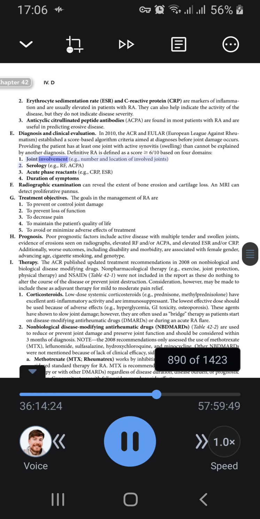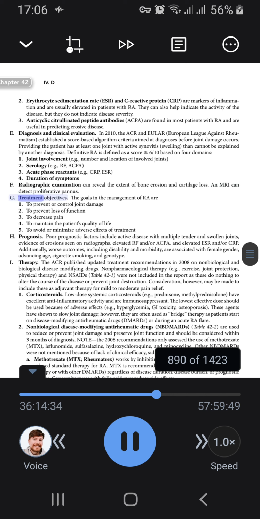Joint involvement, for example, number and location of involved joints. 2. Serology, for example, RF, ACPA. 3. Acute phase reactants, for example, CRP, ESR. 4. Duration of symptoms. F. Radiographic examination can reveal the extent of bone erosion and cartilage loss. An MRI can detect proliferative pannus.